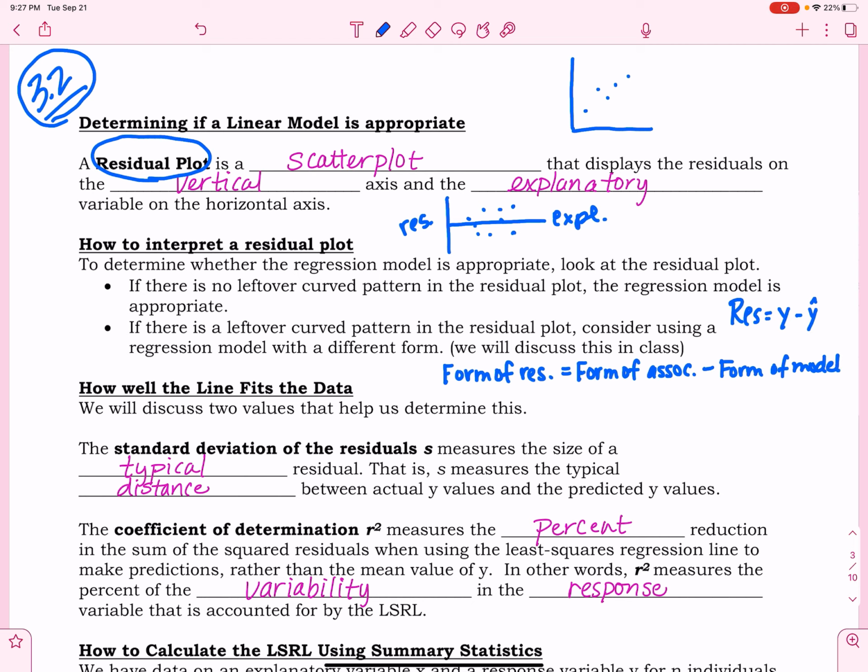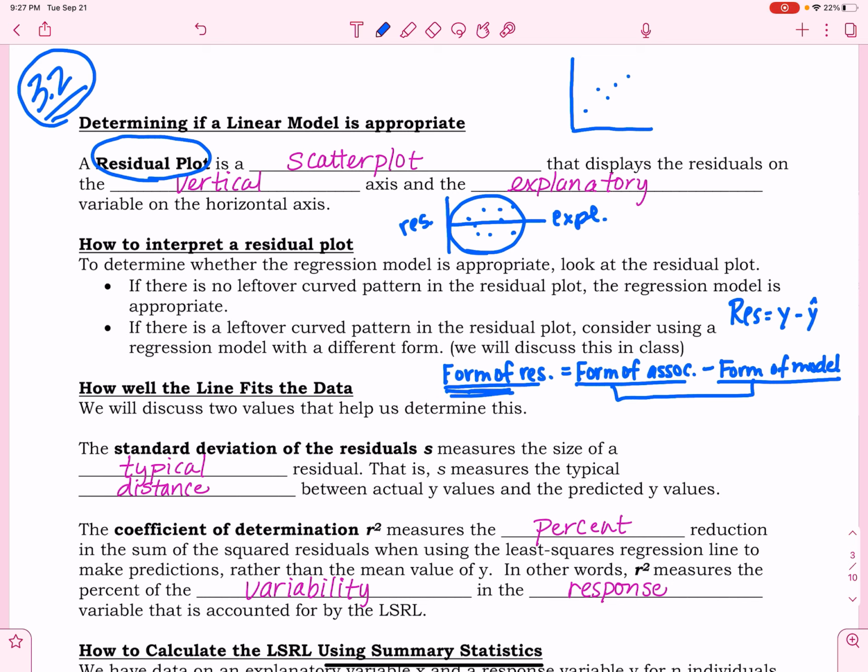Well, we're not going to have any perfect data, so these values here are never going to equal 0 unless an ordered pair lies on the line of best fit or the prediction line. But in theory, if the form of the association minus the form of the model, if these are the same, then the form of the residual will equal 0, meaning that we have a random scattering of ordered pairs in our residual and no form.